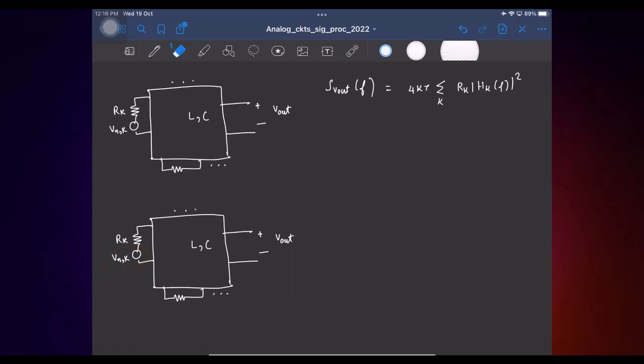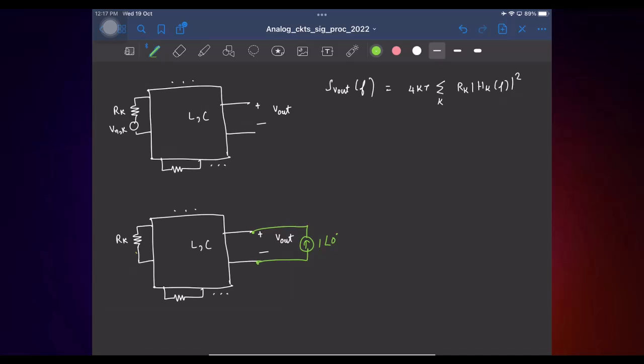I null them, so basically it becomes a short, and I apply a current here, and I'm interested in finding the power spectral density at a frequency f. So I'll apply a sinusoid at that frequency f. I'll just represent it using phasor, so it's 1 angle 0. Instead of writing cos, sin, I'll just say so. It means the sinusoid has an amplitude 1, phase 0.